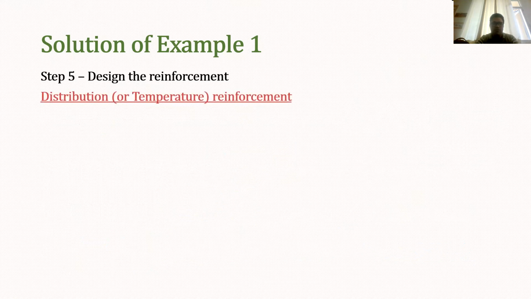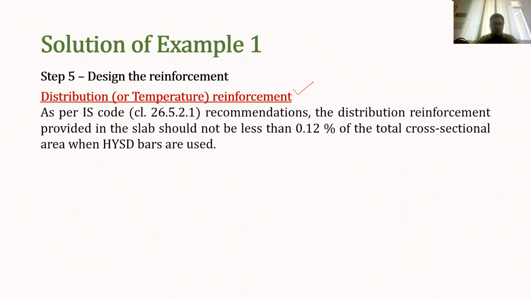Now we will provide reinforcement as the temperature reinforcement or the distribution reinforcement. Distribution reinforcement, as we have discussed in the previous lecture on the one-way slab also, is on the same line, so we will have distribution reinforcement for this case also. Referring to this clause, as per IS code recommendation, the distribution reinforcement provided in the slab should not be less than 0.12% of the total cross-sectional area when we use Fe415 steel bar.